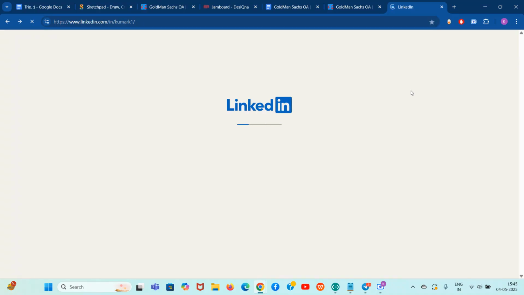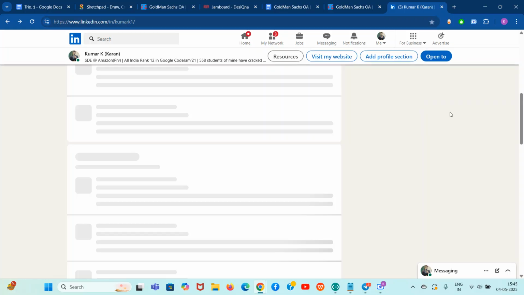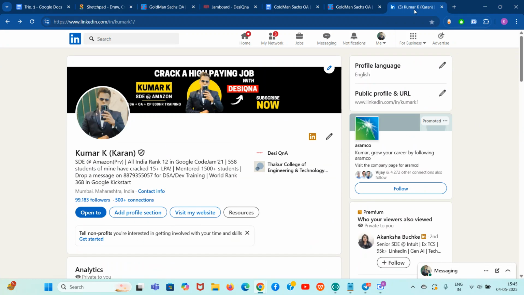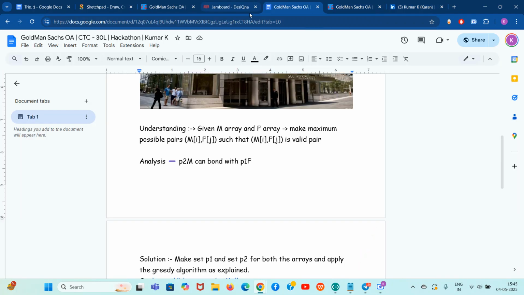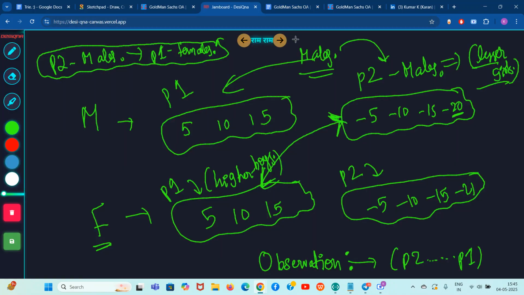Just try to think why P2M is able to bond with P1F. So, what's the secret and how is this thing working? These P2 are males, the P1 are females. P2 males means these guys want the girls who are less than them. P1 female means these are the girls who want the bigger boys.